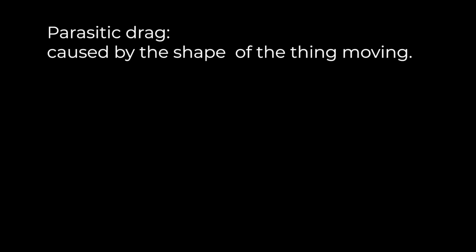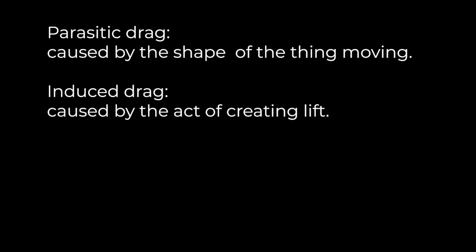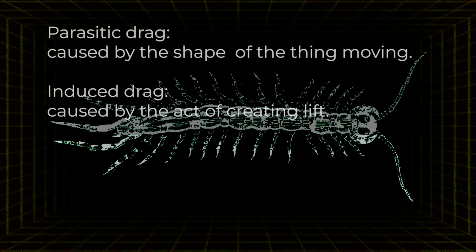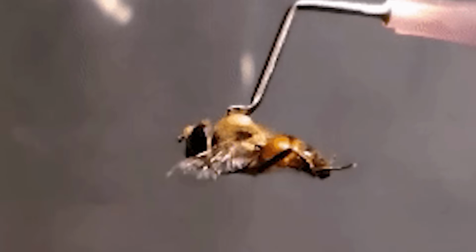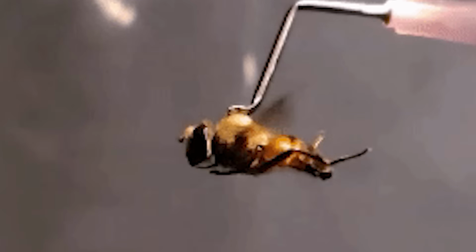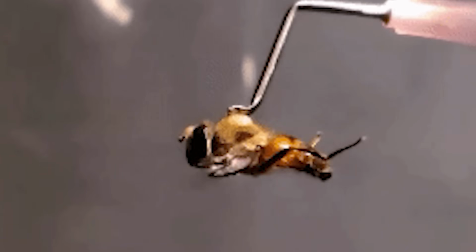It comes in two main types: parasitic drag, which is caused by the shape and friction of the thing moving through the air, and induced drag, which is a byproduct of generating lift, that is, flapping wings. In insect flight, insects have high drag due to small flapping wings and low Reynolds numbers, so their wings are moving too quick in air that's too thick.